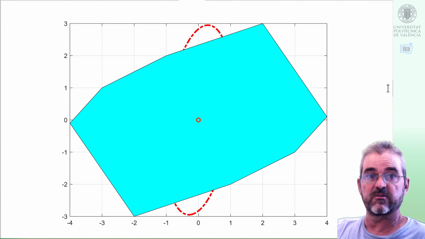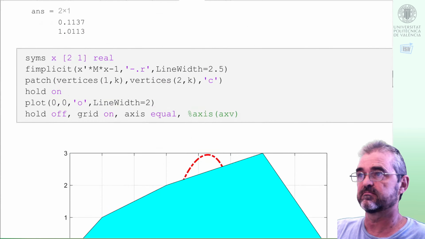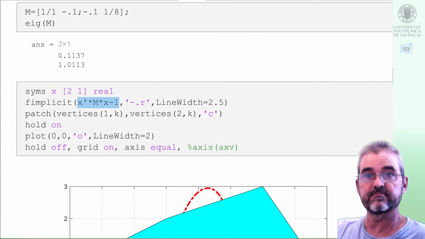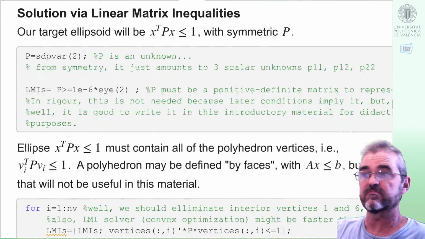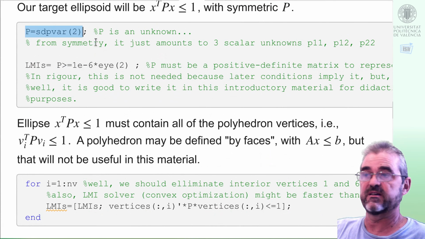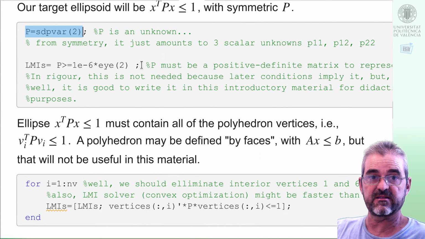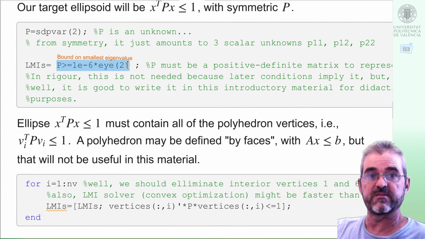We had this red ellipse given by a known positive definite matrix M. So this was the boundary. And then we define a decision variable, a symmetric 2x2 matrix. So we have three scalar decision variables, which must be positive definite.